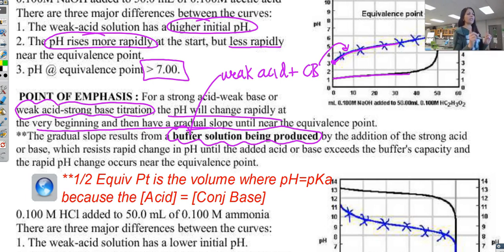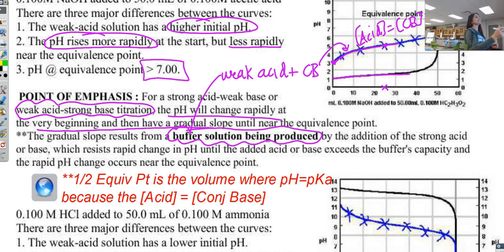So an important point in this graph is actually what happens halfway to the equivalence point, okay? The halfway mark to the equivalence point is where your acid concentration, so right here, your acid concentration is equal to your conjugate base concentration. What's the importance of that?